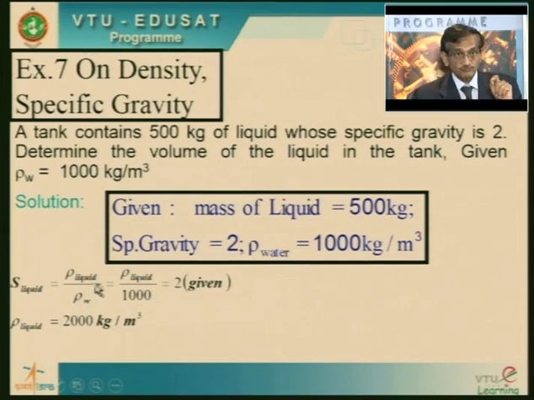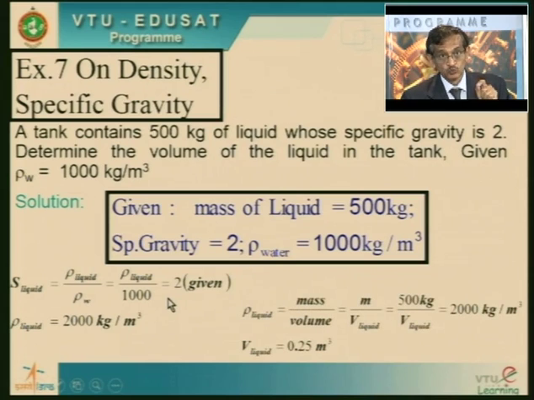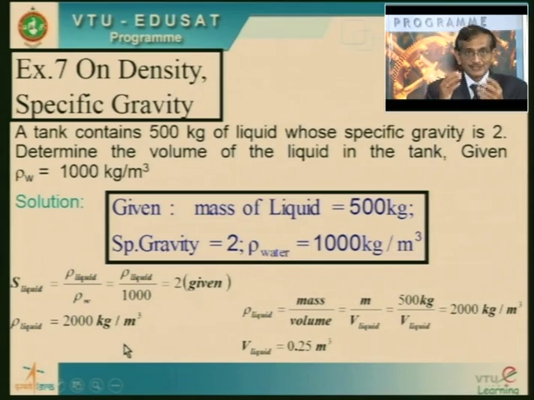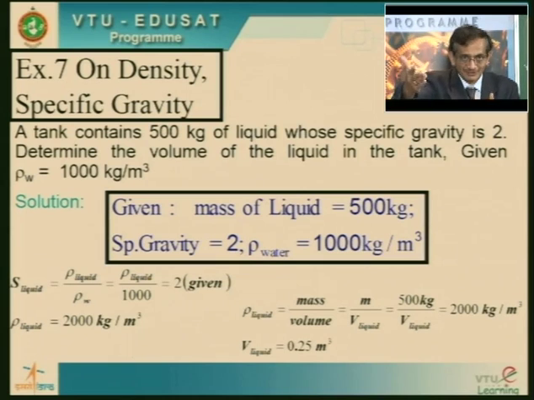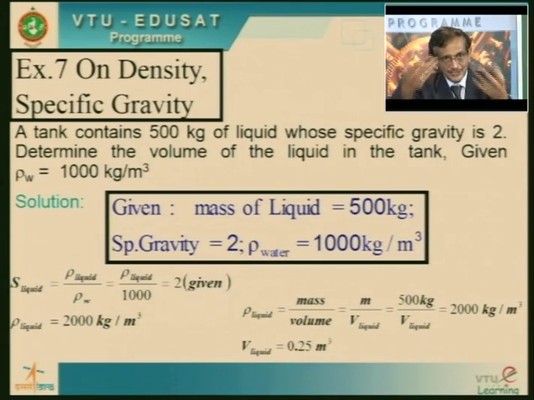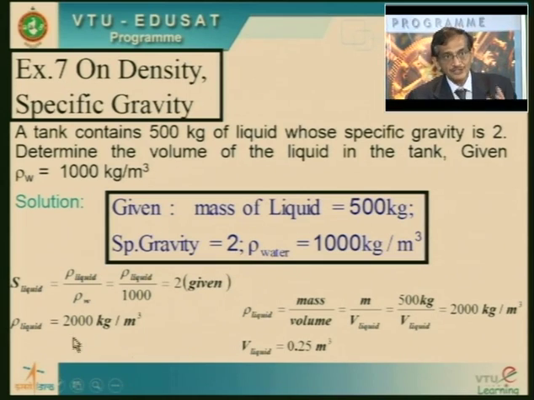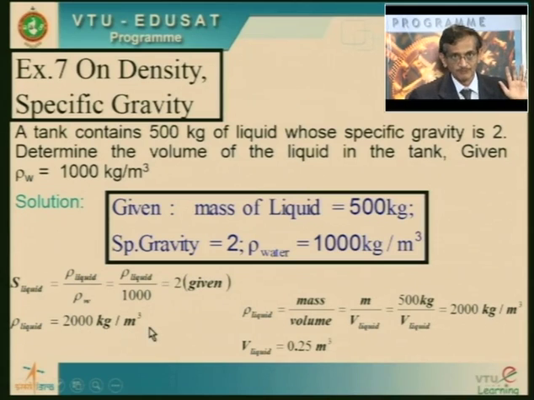Now, in this case you can see the value is given as 2. I will equate it and multiply by 1000, so I get density of the liquid as 2000. As I told you earlier also, density of water is 1000, specific gravity is 2 means it is double, correct. So, understood that density of the liquid is 2000 kg per meter cube.